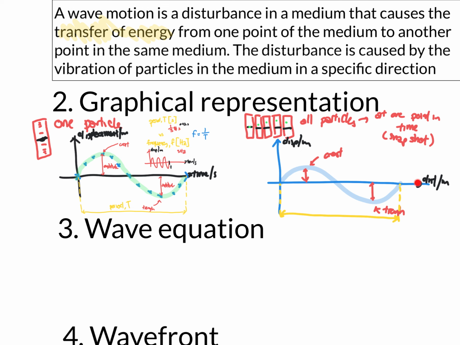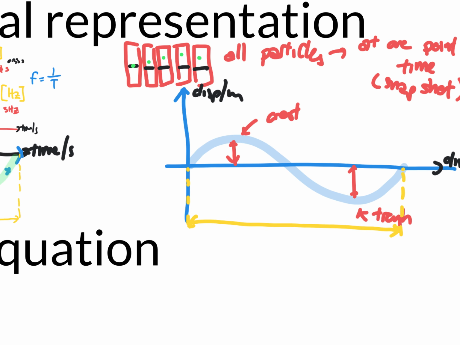It's not time, but distance. So this tells you the length of my wave, also known as my wavelength. And I use lambda. It's in meters. Remember, it's really a length, and I use the symbol lambda.